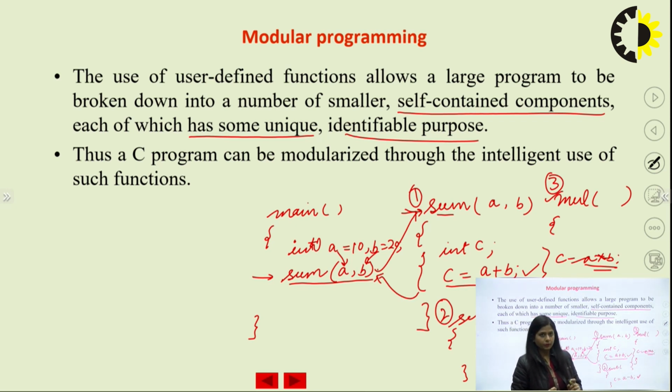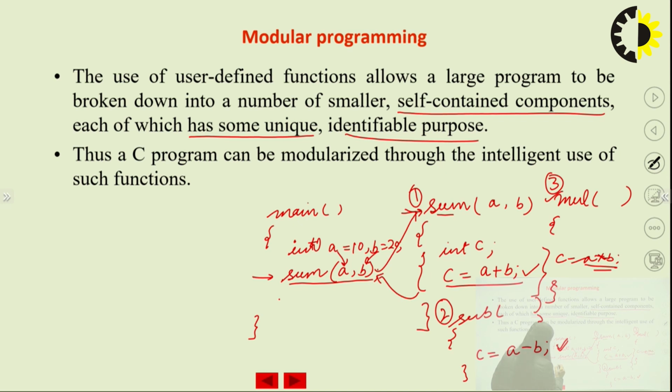Now suppose after this I am calling another function, say multiply. Wherever I have defined the function doesn't matter. Once this call has been made, control will be transferred to that definition. All of its instructions will be performed, and then control will be back to the calling function only.